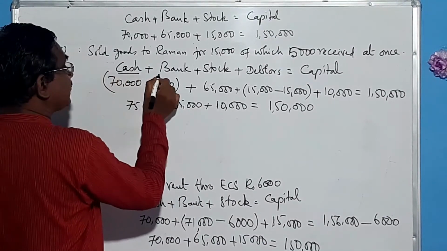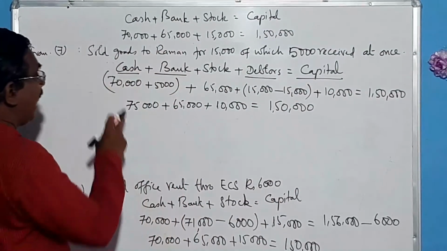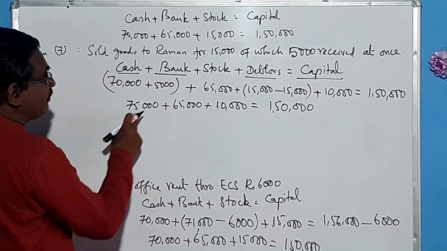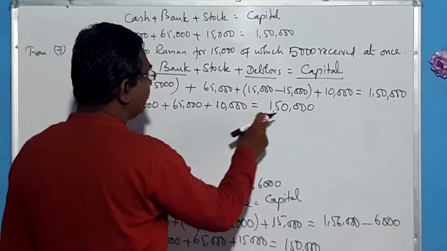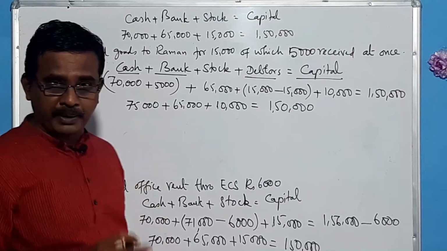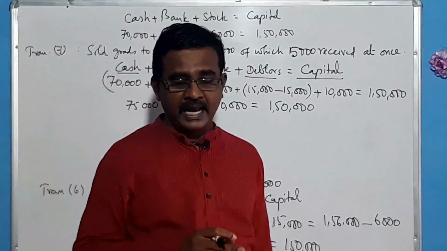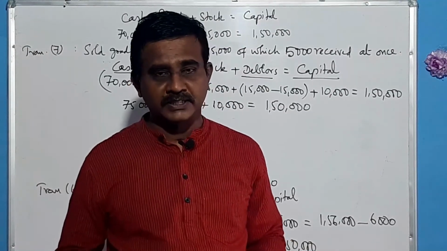Cash plus bank plus debtors is equal to capital, and the amount is cash 75,000, bank 65,000, debtors 10,000, which is equal to 1,50,000. That's all. We have prepared the accounting equation for this, and I think you have understood this one. Hope you have understood the sum.